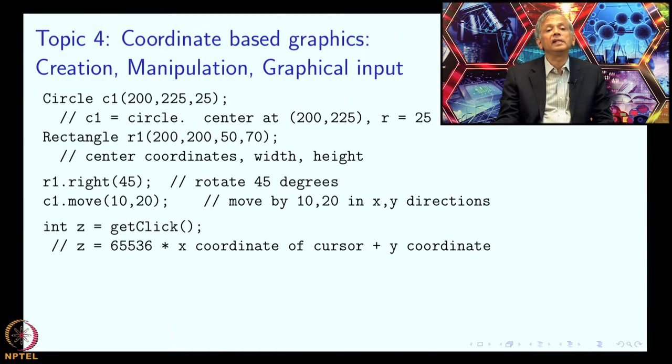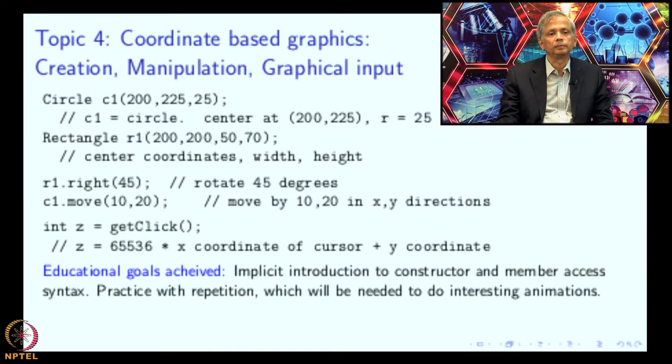You may see that this is simply saying that the most significant 16 bits should be the x coordinate and the least significant bits should be the y coordinate. And if the student wants to get back x and y, all he or she has to do is divide by 65536 and take the quotient as well as the remainder.